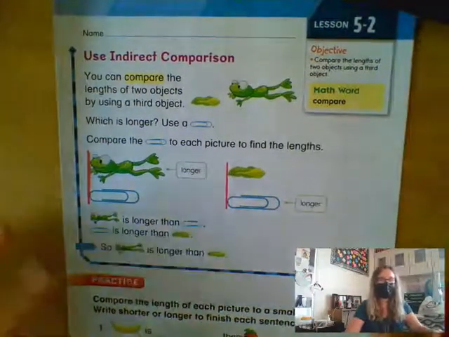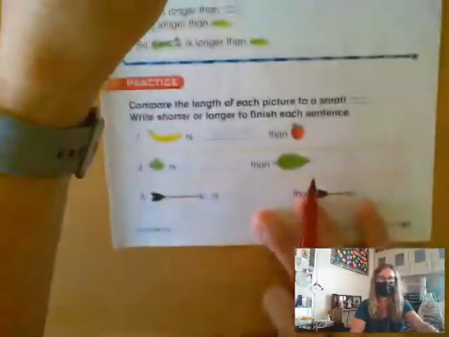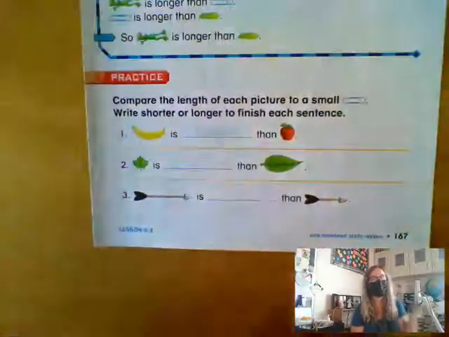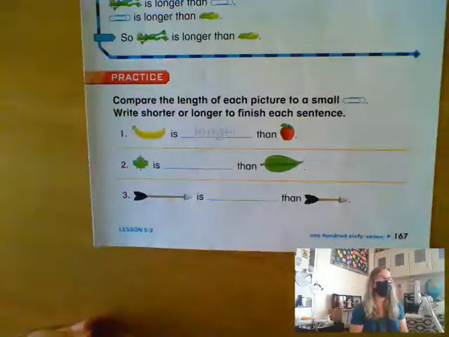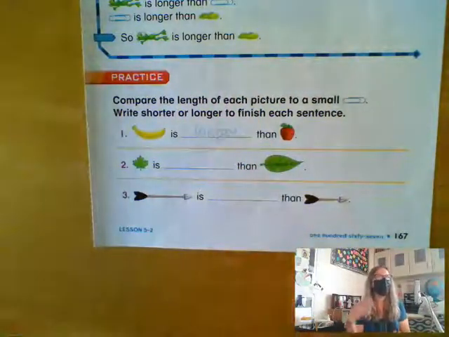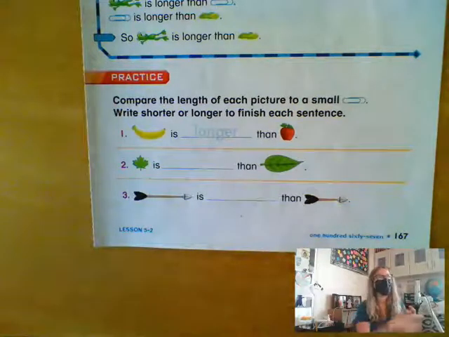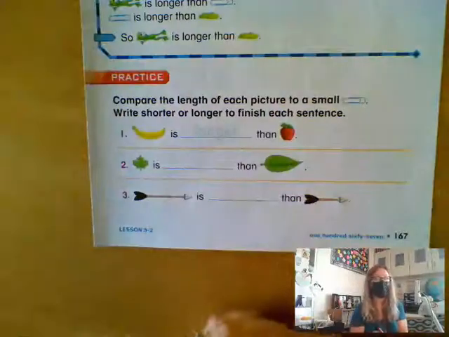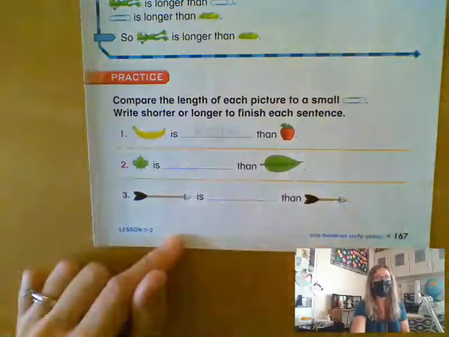Okay, so now let's take a look down at the practice area. And it says compare the length of each picture to a small paper clip. Now, I will be using the small paper clip up here on the board. Later on, when we work with measurement, you will each get a paper clip of your own. But for now, I will be using the small paper clip up here to compare the lengths.